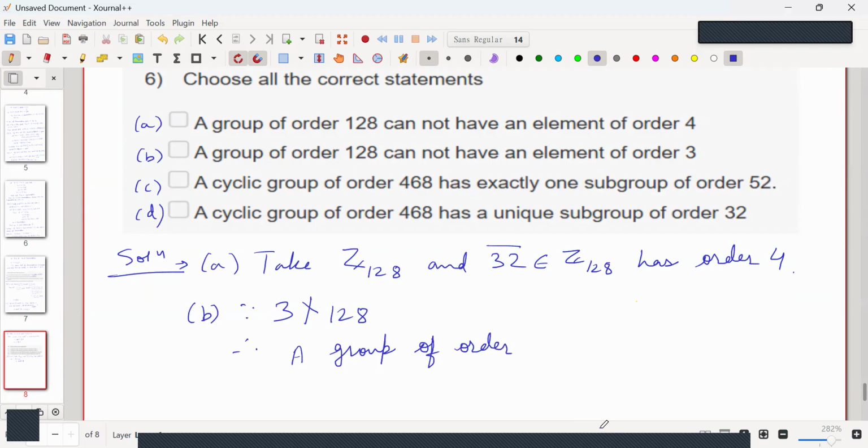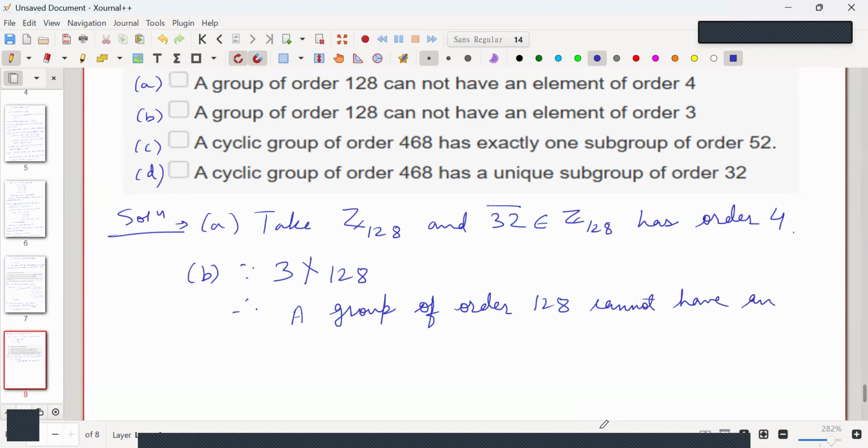If there exists an element inside the group, then the subgroup generated by it will be there inside the group, and the order of that subgroup must divide the order of G, and the order of that subgroup is precisely the order of the element, and thus the order of that element must divide the order of G. And here 3 is not dividing 128, so there cannot be an element of order 3. So a group of order 128 cannot have an element of order 3.